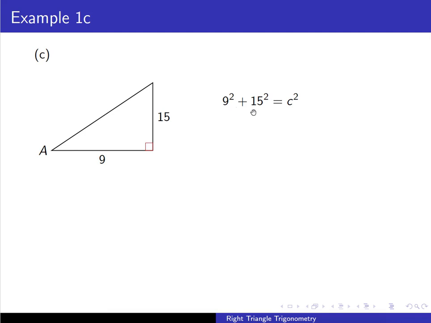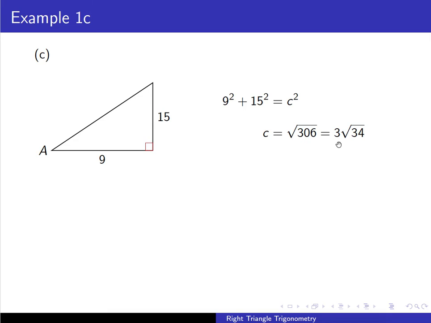So 9 squared is 81, 15 squared is 225, and when we add those together, 81 and 225 is 306. So the hypotenuse is the square root of 306, which simplifies as 3 times the square root of 34. So the square root of 9 times the square root of 34 will give you the square root of 306. The square root of 9 is 3, times the square root of 34.